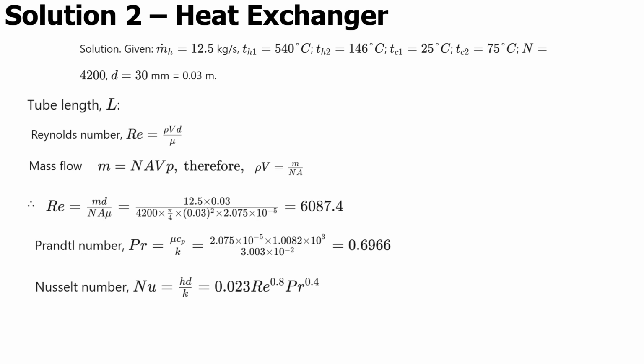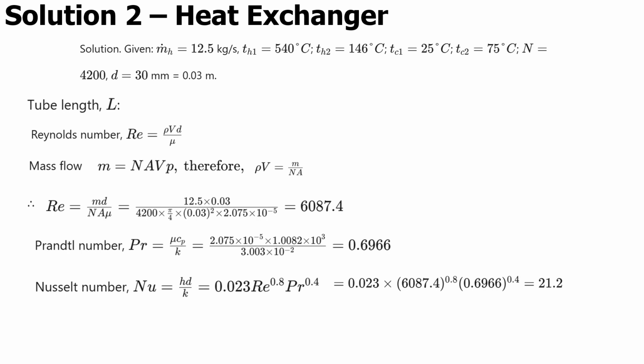So substituting our Re and Prandtl values, and then calculating, we get a Nusselt number of approximately 21.2.